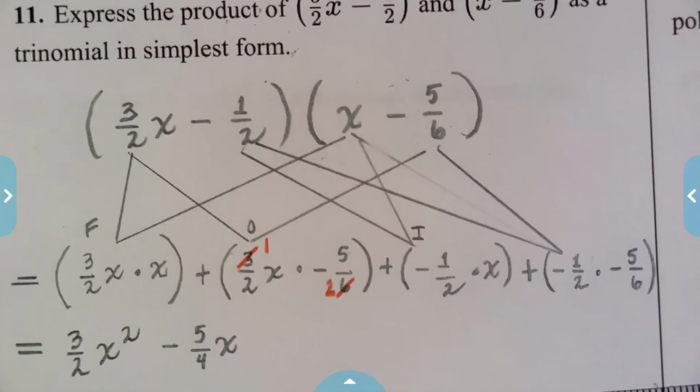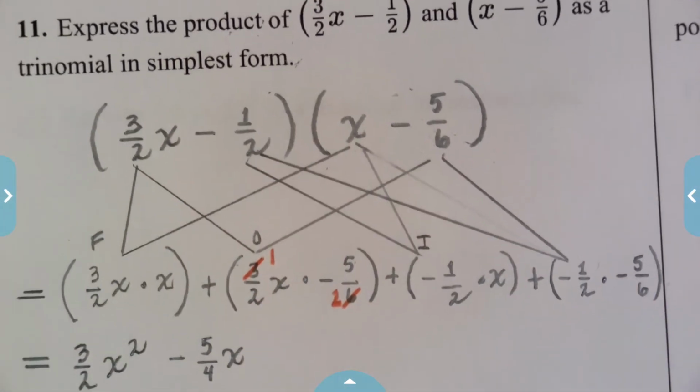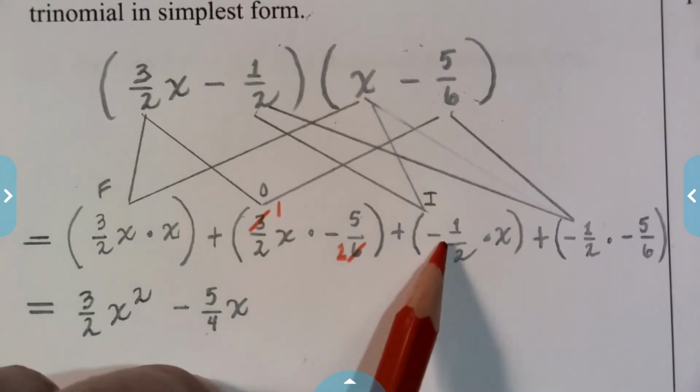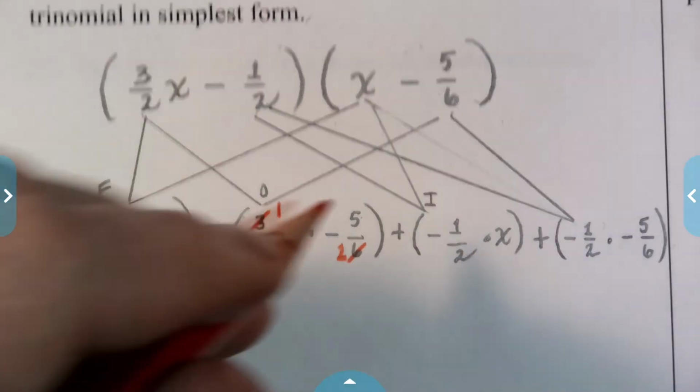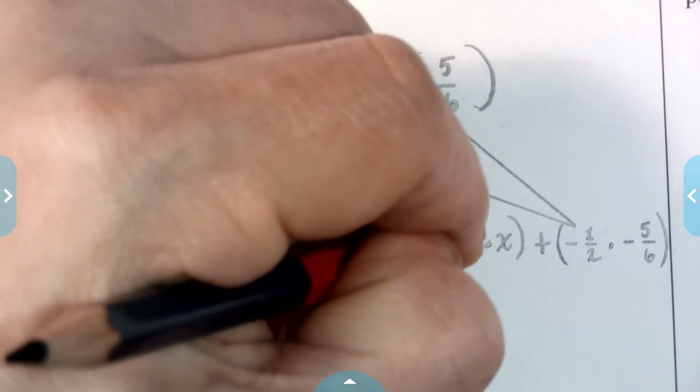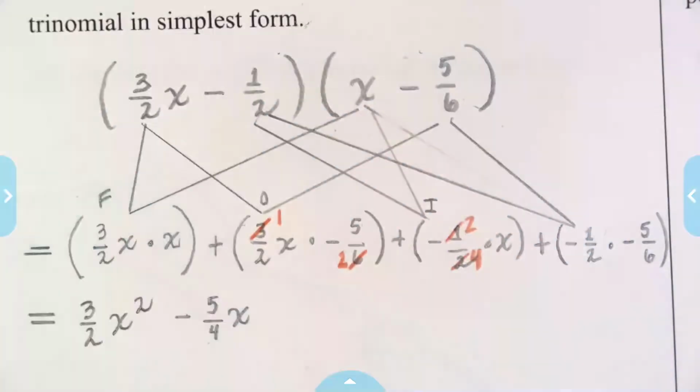All right, moving right along. Now we have negative 1/2x, and I'm going to be smart. I know that I'm going to end up combining terms here. These are linear terms. So why don't I write this as negative 2/4 x.